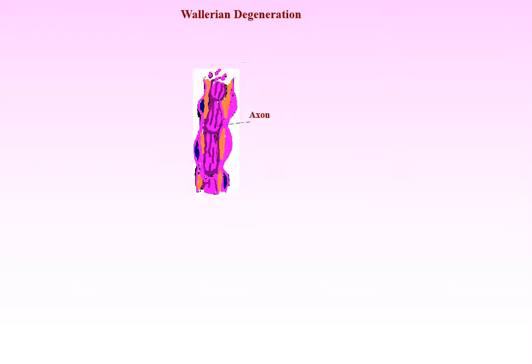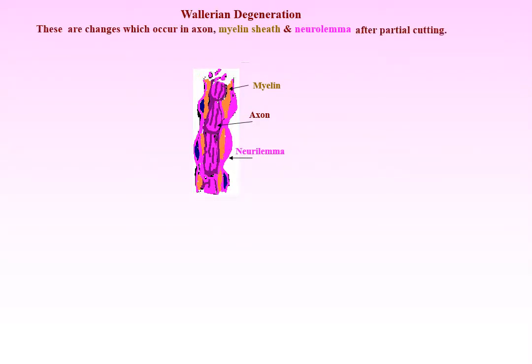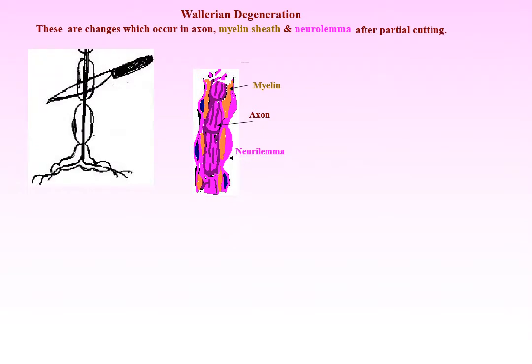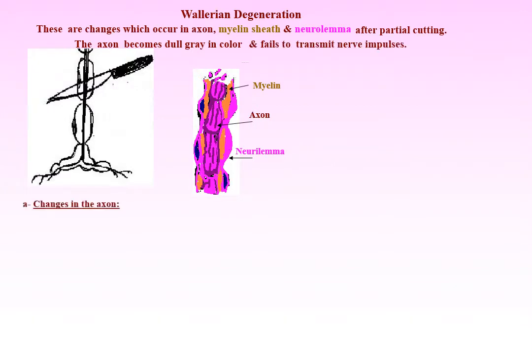Wallerian degeneration. These are the changes which occur in the axon, myelin sheath and neurolemma after partial cutting of the axon. The axon becomes dull gray in color and fails to transmit nerve impulses.